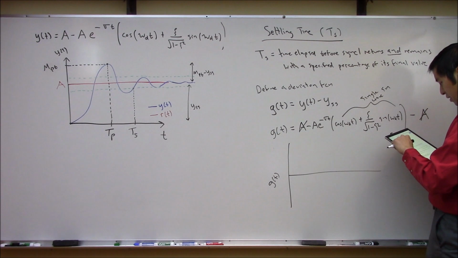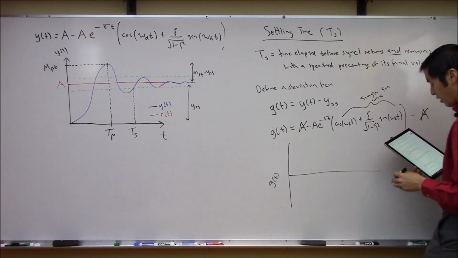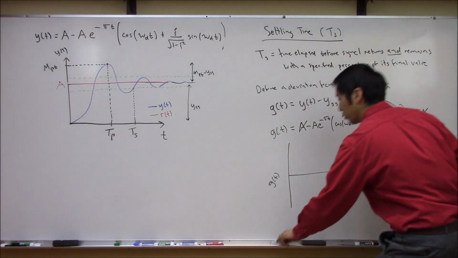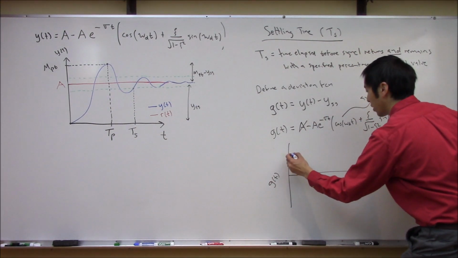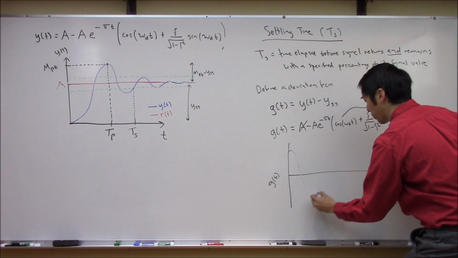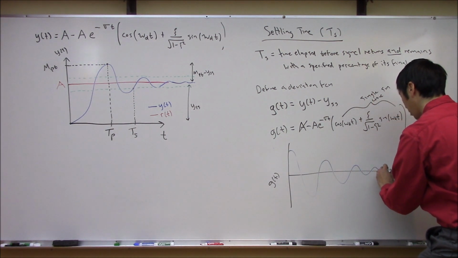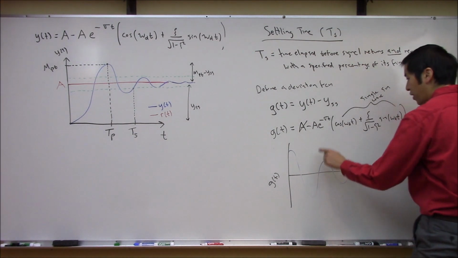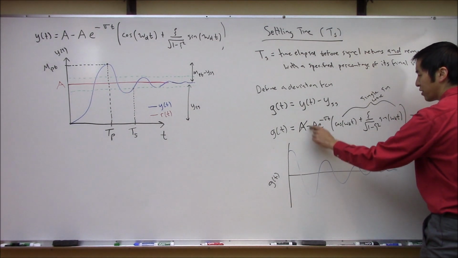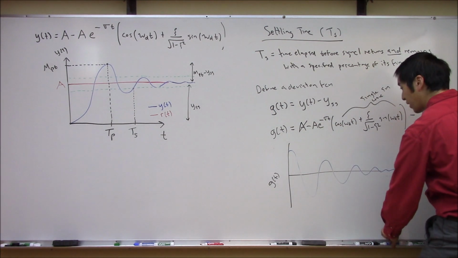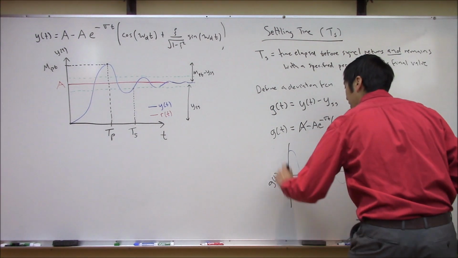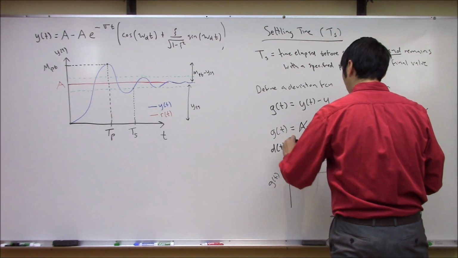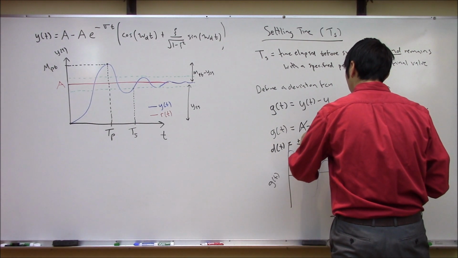Maybe to look at that a little easier, let me plot this out. I guess we'll use blue like we were doing earlier. So this deviation function is going to look something like this. And now for this envelope, let's define an envelope d of t, which is just going to be plus or minus a e to the minus sigma t.